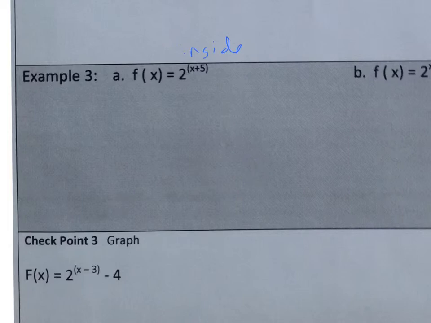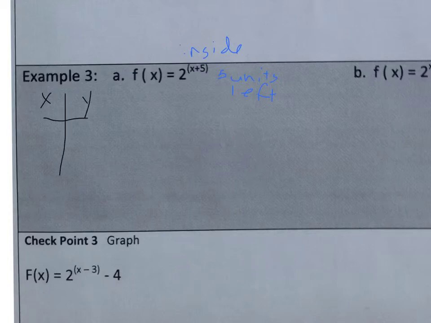So this is actually going to shift 5 units left. And so it's really going to be the 2 to the x graph, but it's going to be shifted 5 units to the left. Which means we're not going to want to use the same numbers for our x.